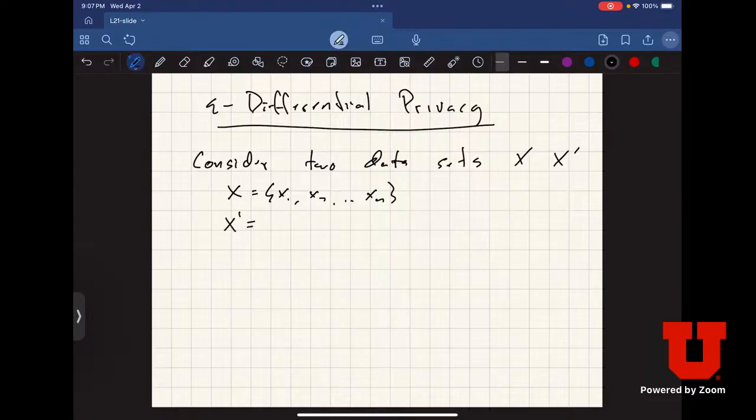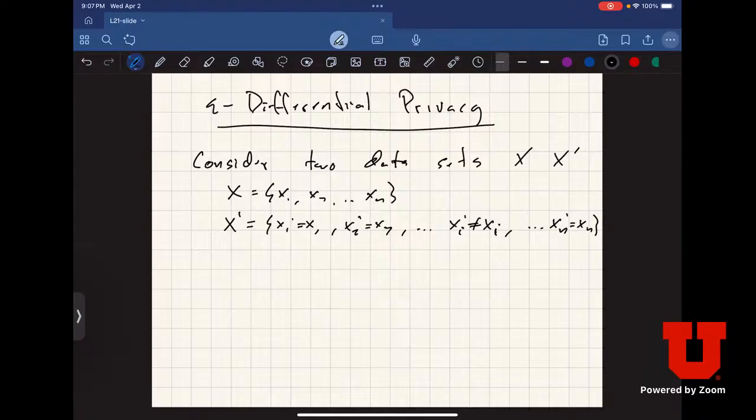X prime will be the same: X1 prime equals X1, X2 prime equals X2, except for some xi. Xi prime is not going to be equal to xi, but everything else up to xn prime is going to be equal to xn.